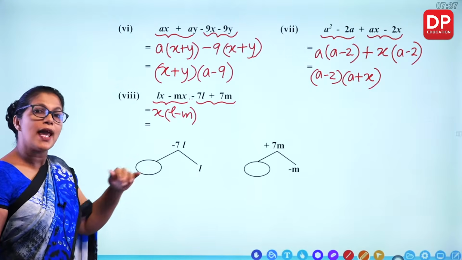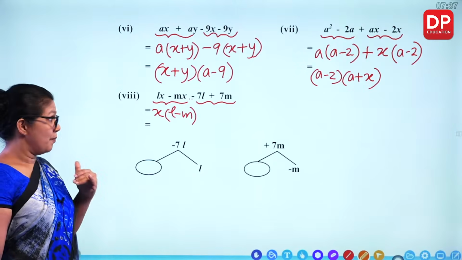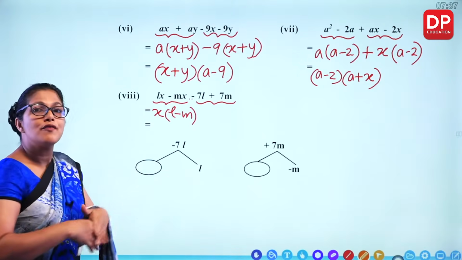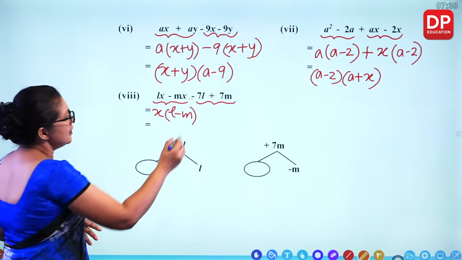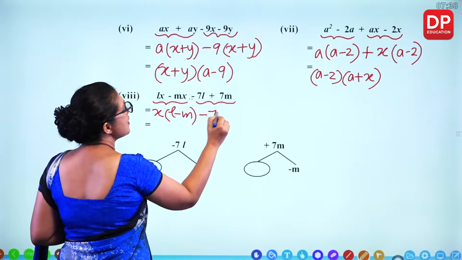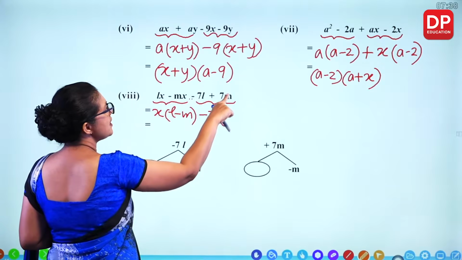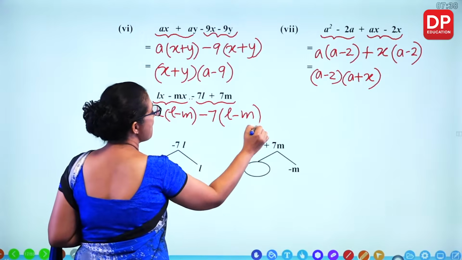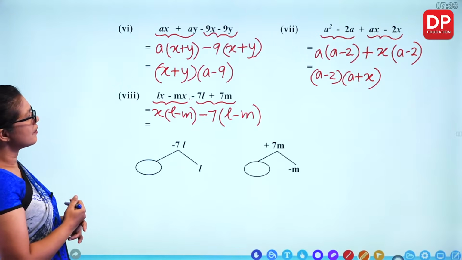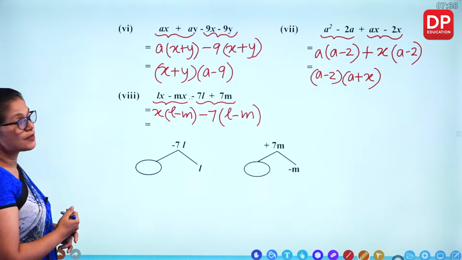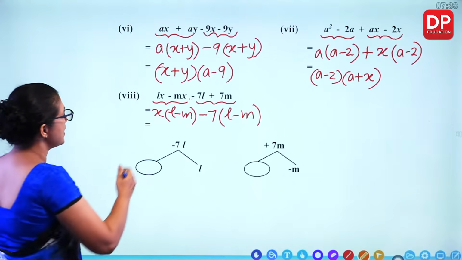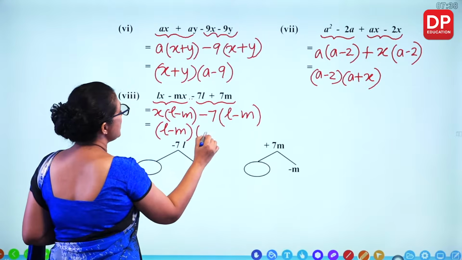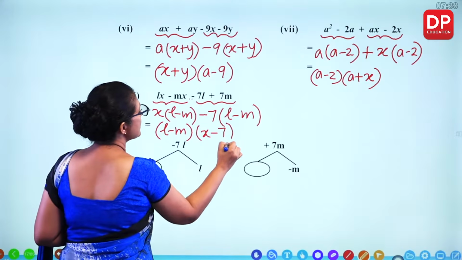That's what we need, not m minus l, the other way around. So you have to get the same factor in the first one to factorize further. So we can take minus 7 out. What's remaining there? This is l minus m. So what's common now? L minus m is common. Take it out. And the remaining part is x minus 7.